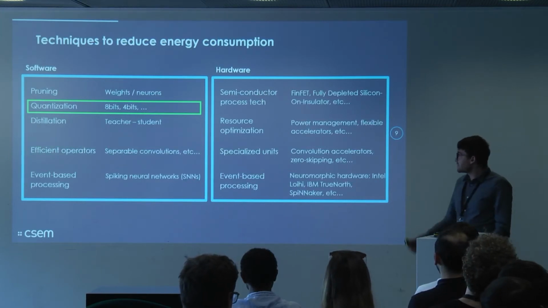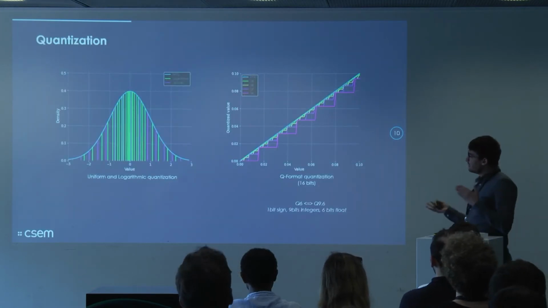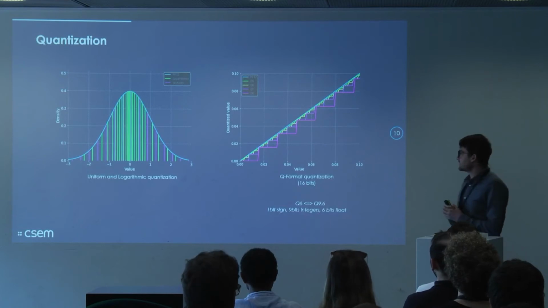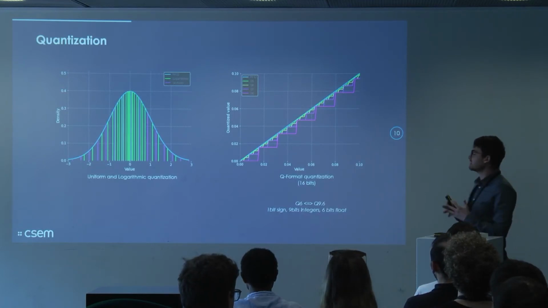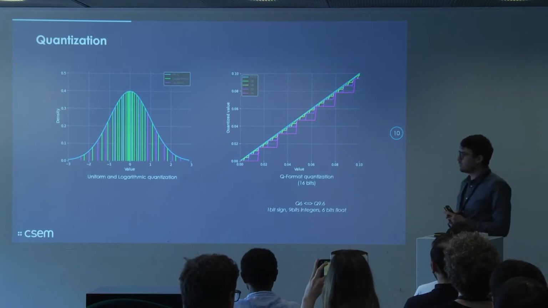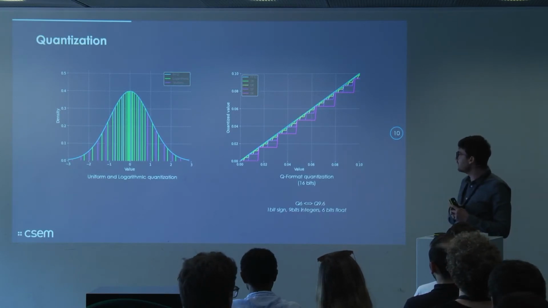So let me first speak about quantization. You can have two paradigms in quantization. Either you can select a distributed quantization based on the distribution of the weights, where you sample and try to cluster the weights at some precise interval. In this case, I show the uniform in purple and the logarithmic sampling of the weights.